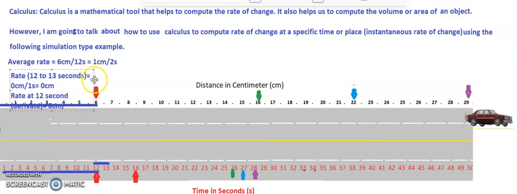Don't worry, I'm going to show you what I'm writing down. So when the car was at 12 seconds, it moves 0 centimeter in some fraction of seconds or milliseconds. This means 0 distance again, 0 centimeter.